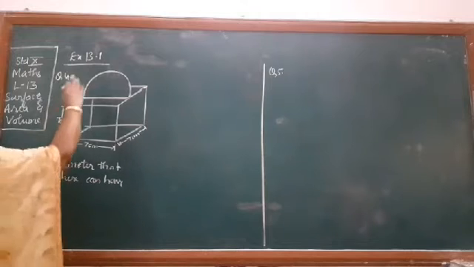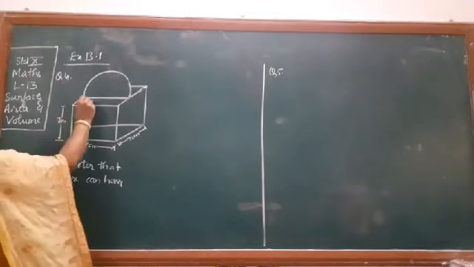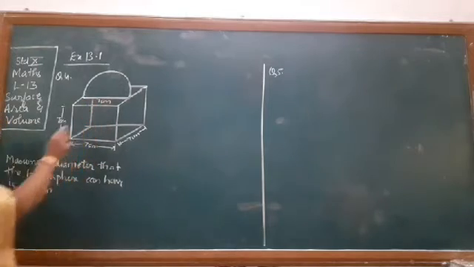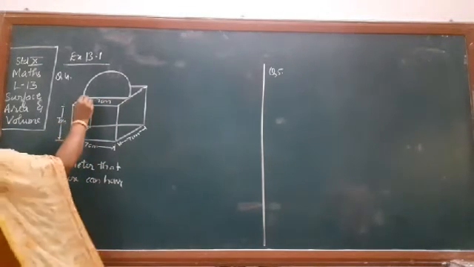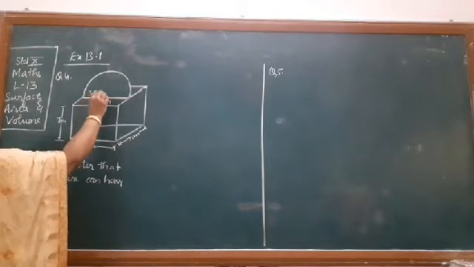Now, you are asked to find out the resultant surface area of this figure. If this is 7 centimeter, that is one of the sides of the cube only. So, what will be the radius of this hemisphere? That will be 3.5 centimeter.